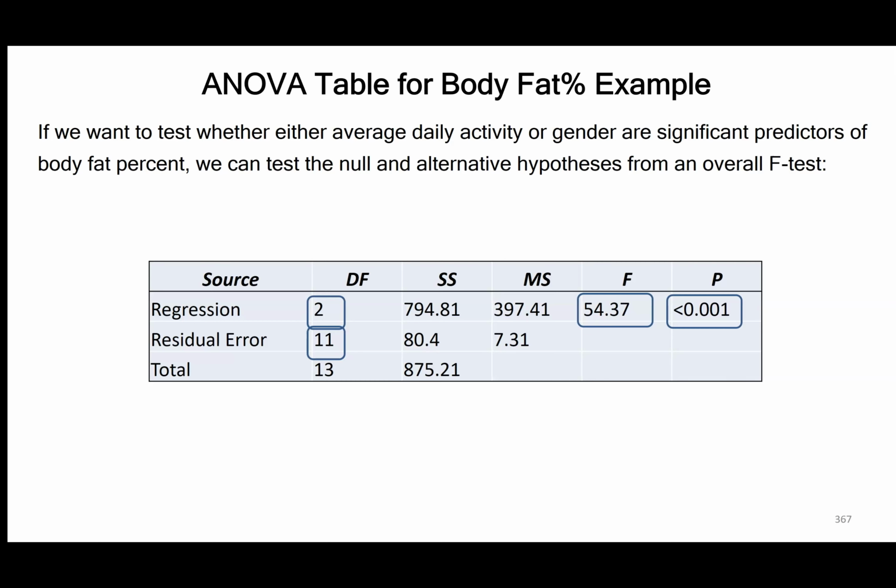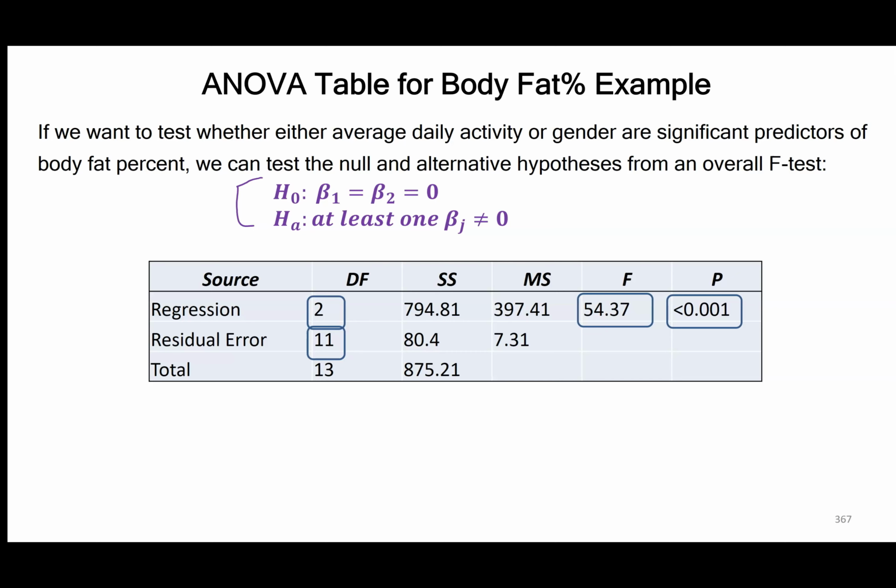So we need to start off with beta 1 is equal to 0, beta 2 is equal to 0. You can go ahead and throw in that they're equal to each other. And my alternative is at least one of them isn't equal to 0. Note, if they're equal to 0, it means they aren't useful in predicting the body fat percentage. If they are useful, the betas won't be equal to 0.